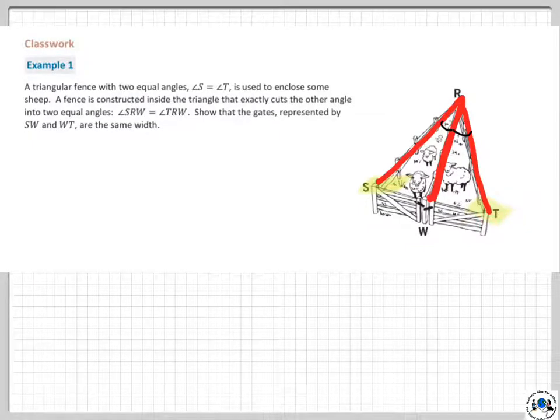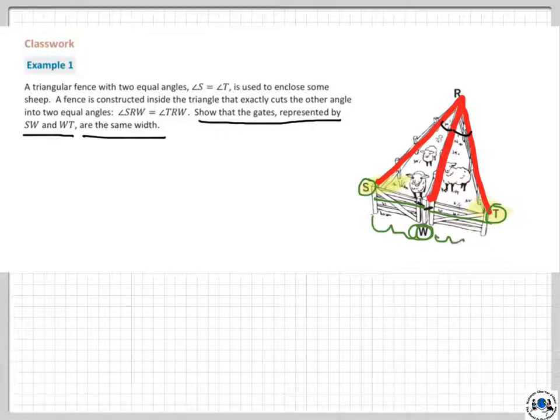Your mission here is to show that the gates represented by SW and WT are the same width. So you're going to use what you know to show that that right there is equal to that right there, SW, S to W, and then W to T. You need to show that these two gates are the same width using what's been given to you here.